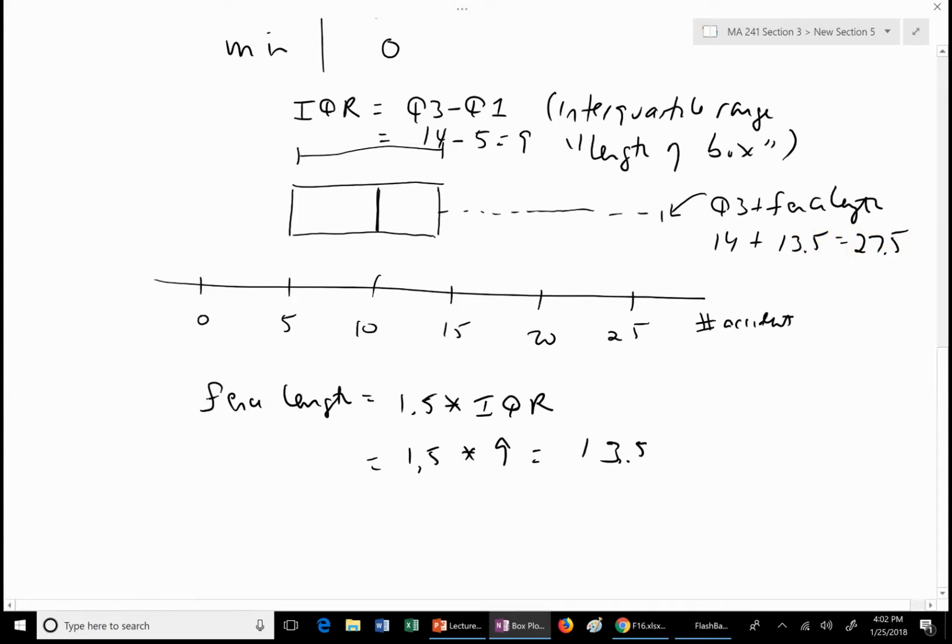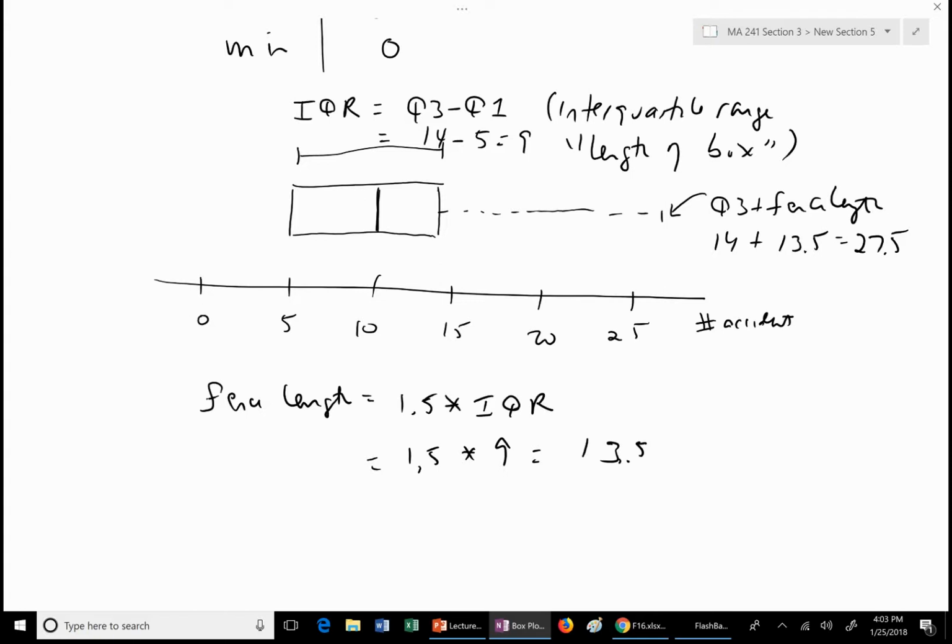So sometimes people call this the upper fence value. This is as far out as I can go. That's 1.5 times the IQR. Now, here's what we want to figure out. What is the data value that's as close to 27.5 but still within that fence?